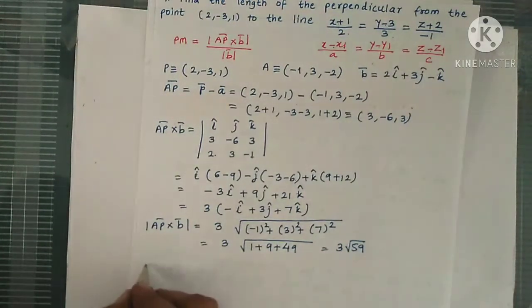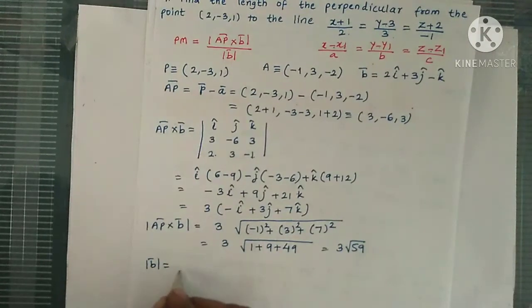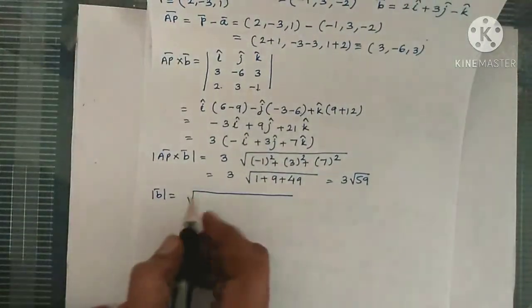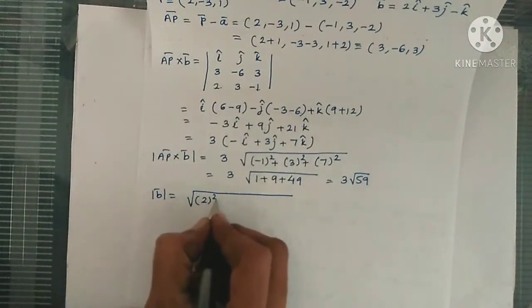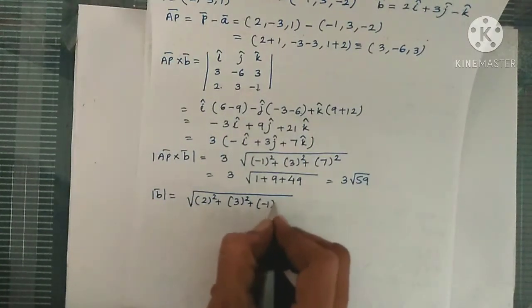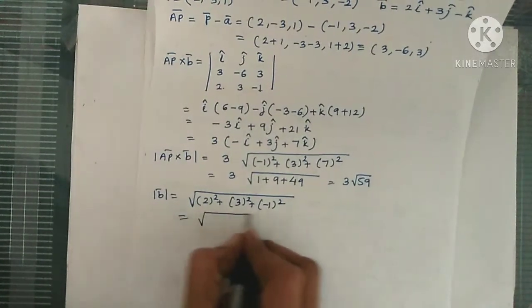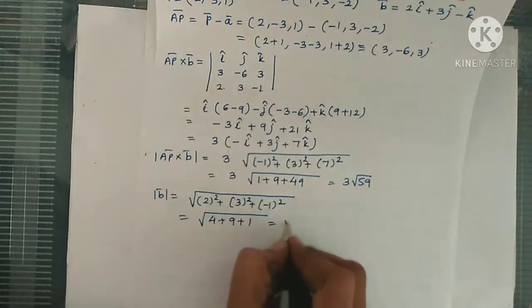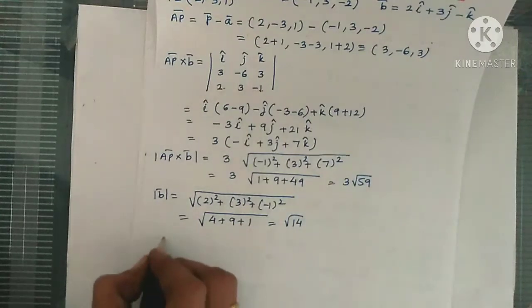Now to find the modulus of b bar. B bar is 2 i cap plus 3 j cap minus k cap. So 2 square plus 3 square plus minus 1 square. So root of 4 plus 9 plus 1, that is root 14.